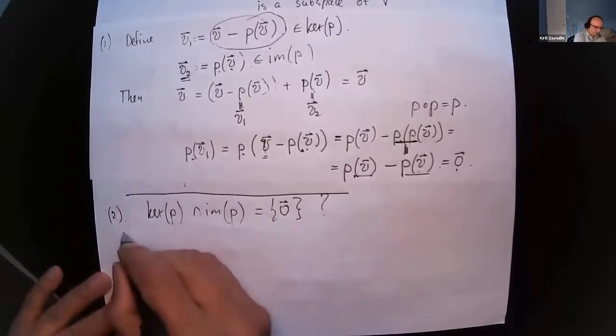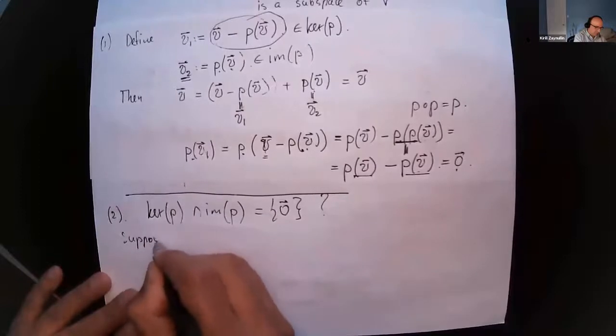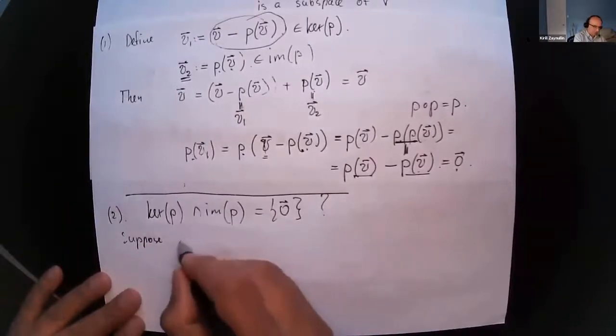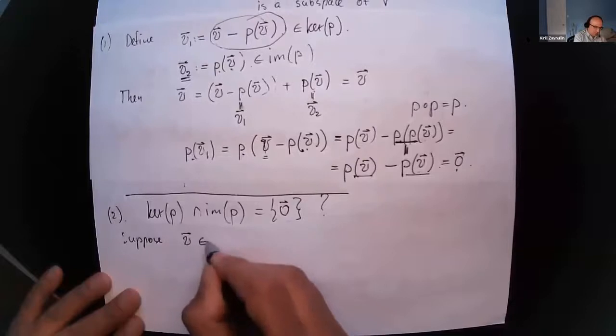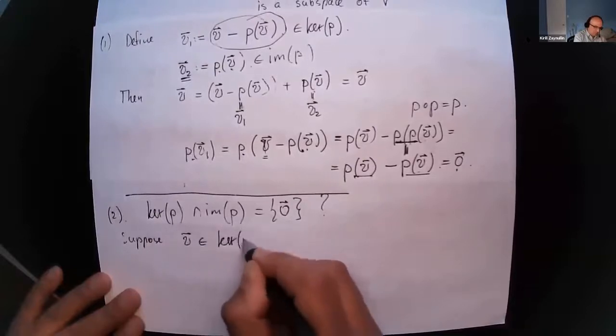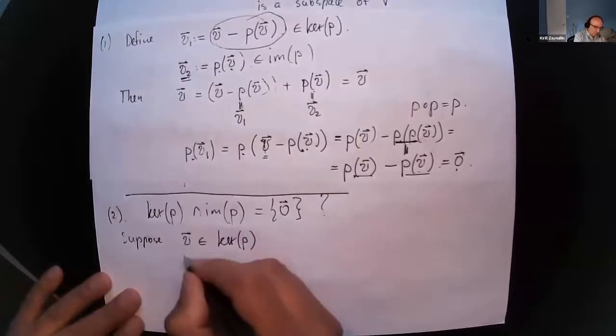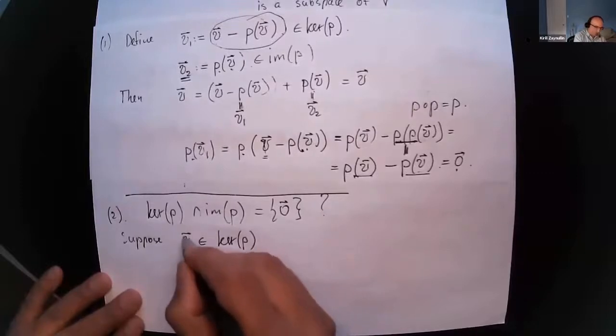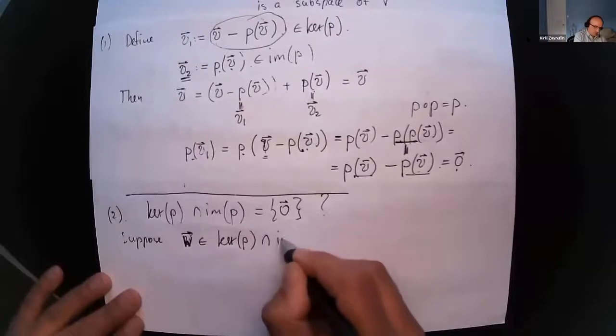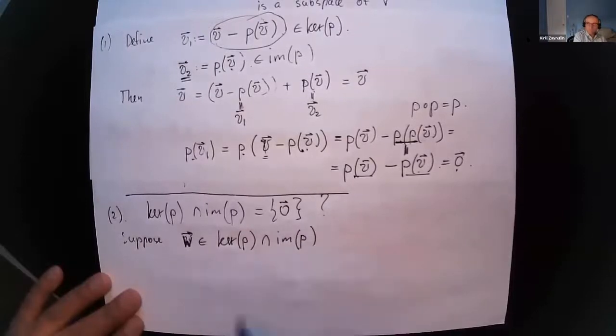Let's suppose we have a vector, say V, which belongs to this intersection. Or maybe we would like to use a different vector, so let's put a W, in the kernel of P intersect the image of P. Okay, then what does it mean?